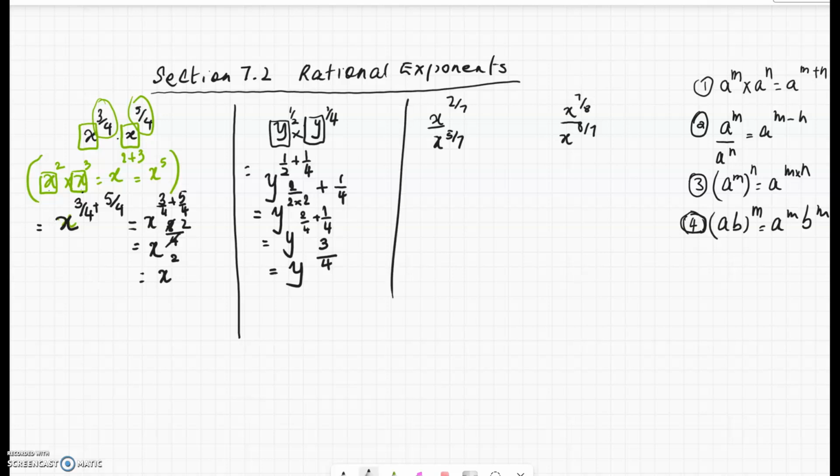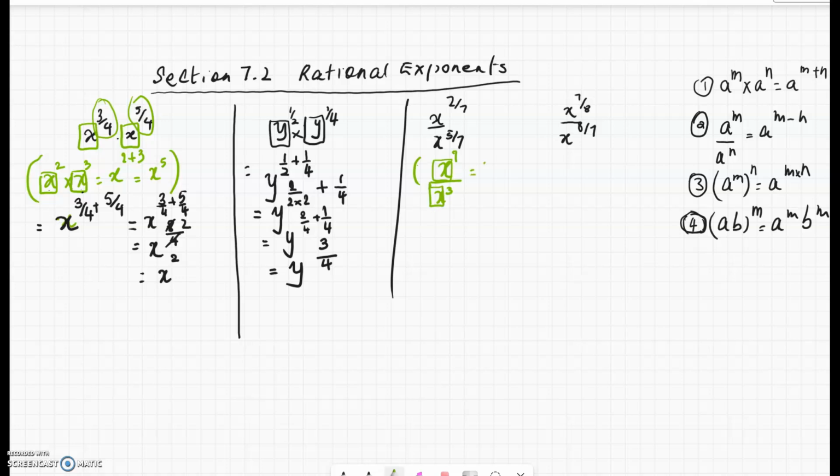Next, division. If you remember earlier, if you had x to the 7th over x to the 3rd, you're dividing two terms with the exact same base. They're in the exponential form.